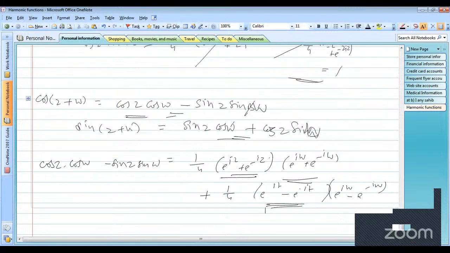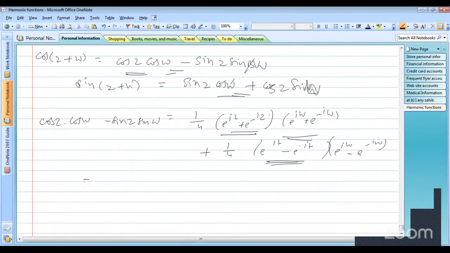Then I am simplifying this one: 1 by 4 e^{i(z - w)} taking the common terms of both, plus e^{-i(z - w)} plus e^{i(z + w)} plus e^{-i(z + w)}.